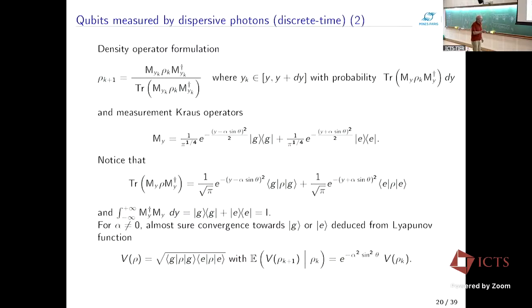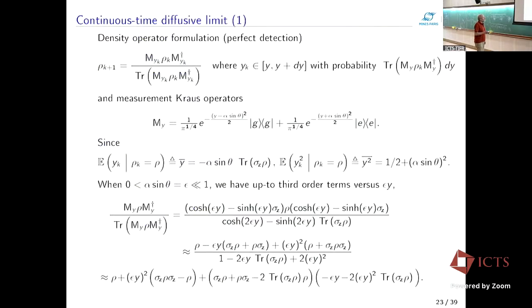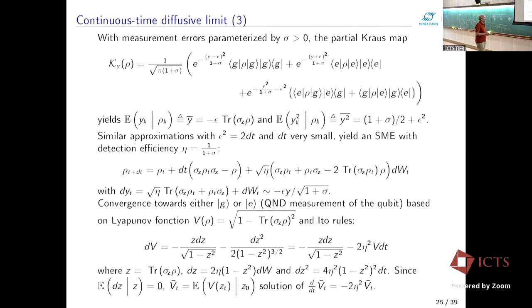So what is this for the stochastic master equation? It is the product of the population in G times the population in E, and you take the square root. It is important to have something which is homogeneous of degree 1 with respect to rho to have this simplification. It is the key issue here. In this case, you have exactly the same thing.